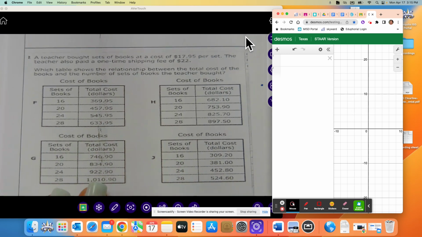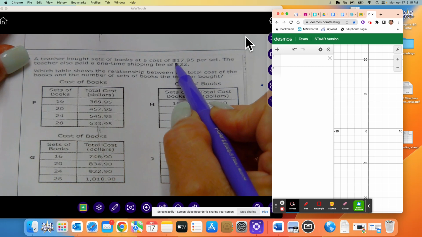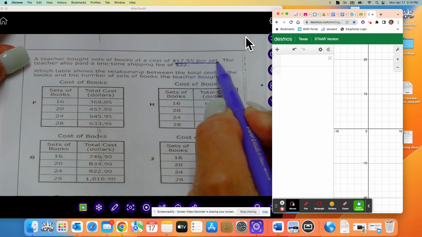Let's look at this one. They want to know which table shows the relationship between the total cost of books and the number of sets of books the teacher bought. It says the teacher bought sets of books at a cost of $17.95 per set.